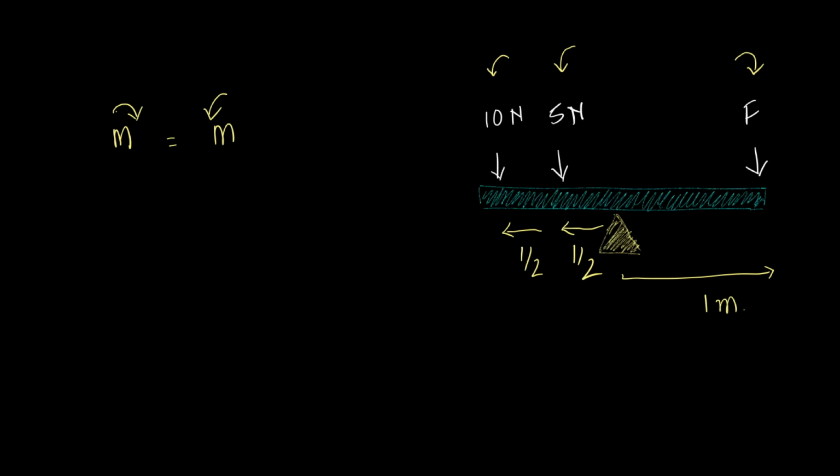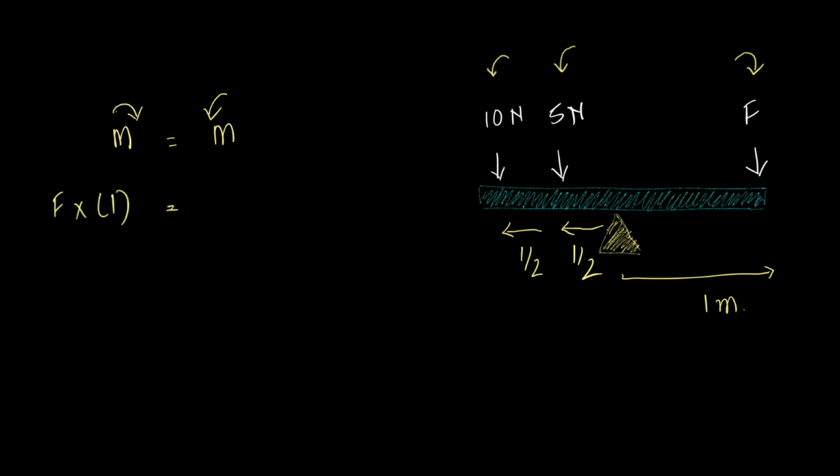So the only moment that's going to be clockwise is by our force F, which we need to find out, which is at a distance of 1 meter away from the pivot. The second force, let's change our color.